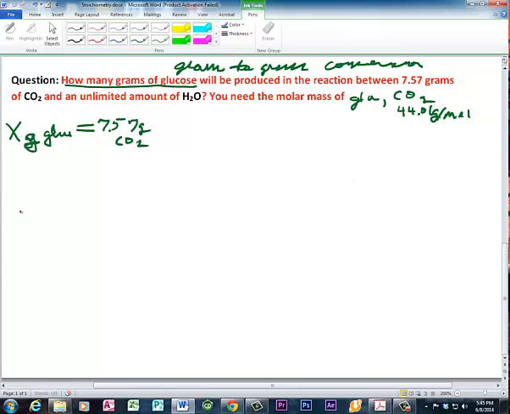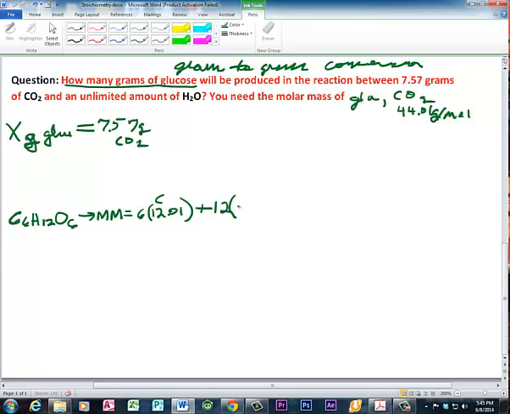But glucose, let's go ahead and figure out the molar mass of glucose. I'll do it down here. Glucose is C6H12O6. All right, so you go to your periodic table, and we're going to get the molar mass of this compound. So it's going to equal 6 times 12.01 grams per mole. That's carbon, the 6 carbons, plus the 12 hydrogens.